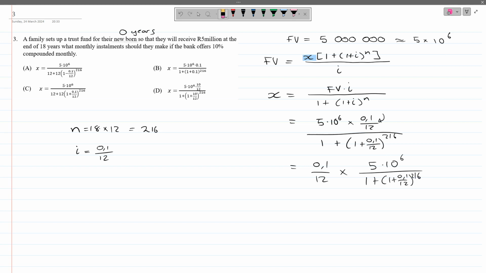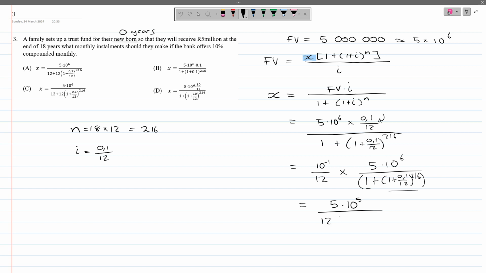At this point, you can rewrite 0.1 as 10 to the power of minus 1, and you can see here how that will affect it when we multiply. So it will basically be 10 to the power of 6 plus minus 1. Since the bases are the same, we add the powers. So what this leaves us with is 5 times 10 to the power of 5 all over, if we take this 12 and multiply the denominator, it will multiply this part and this other part as well.